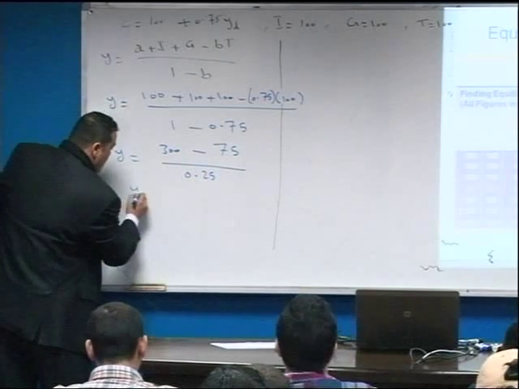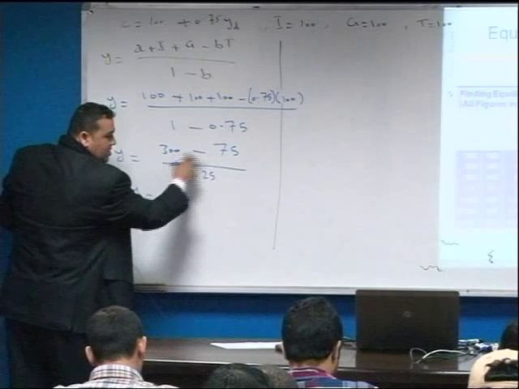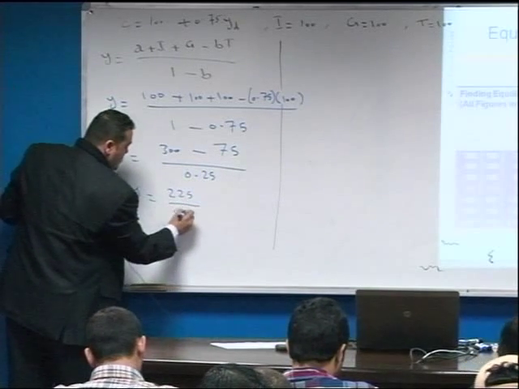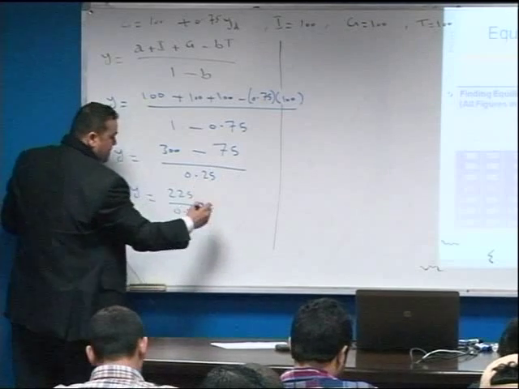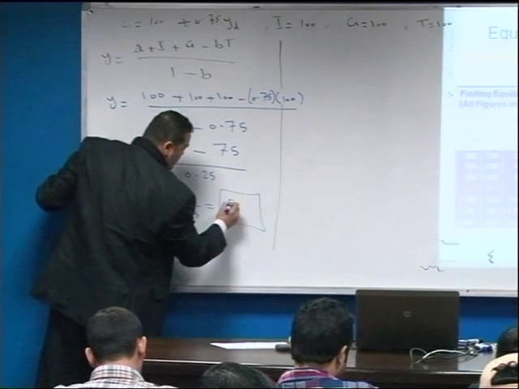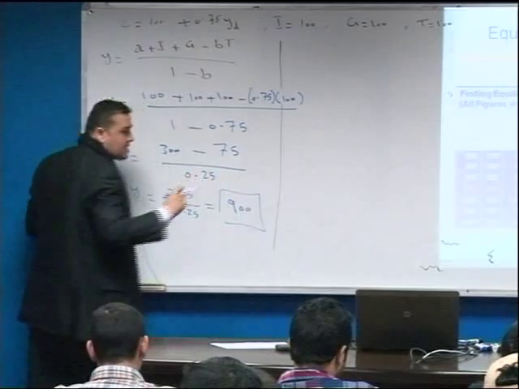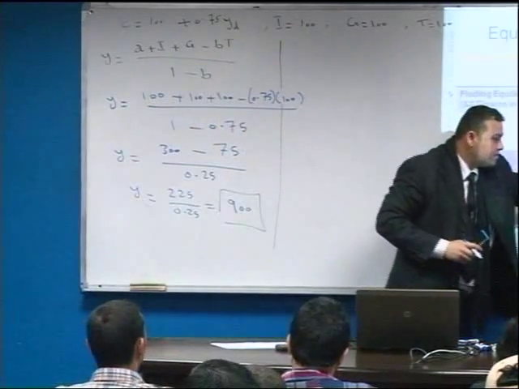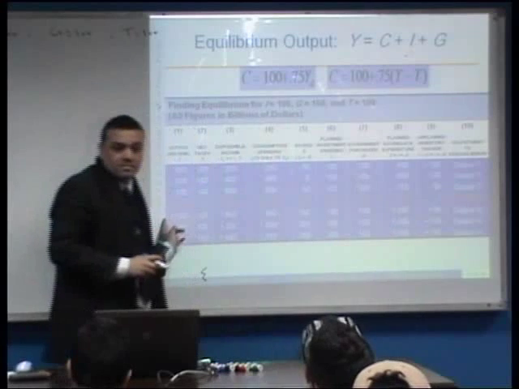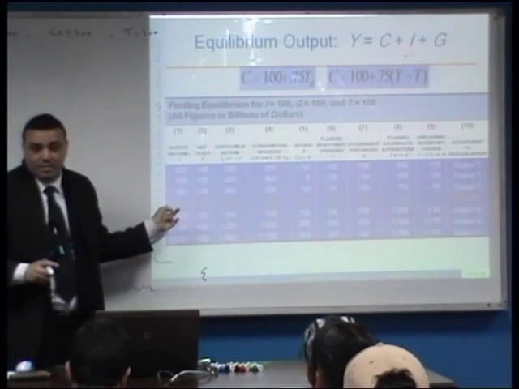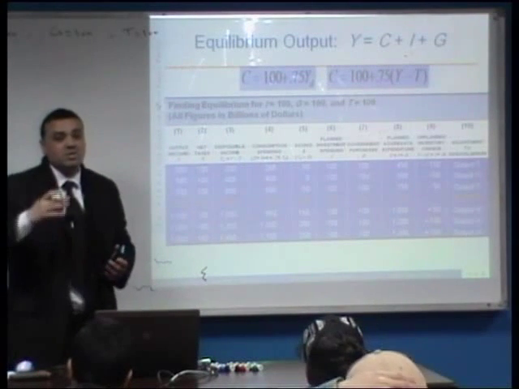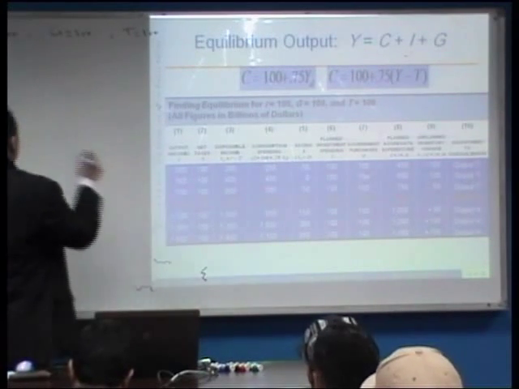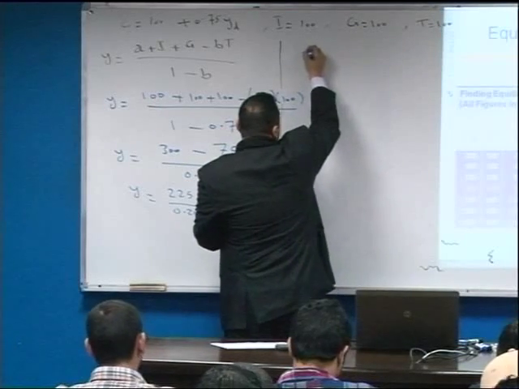So Y equals 225 over 0.25, which equals how much? 900. This is the equilibrium level of aggregate income. You see, it is 900, right?